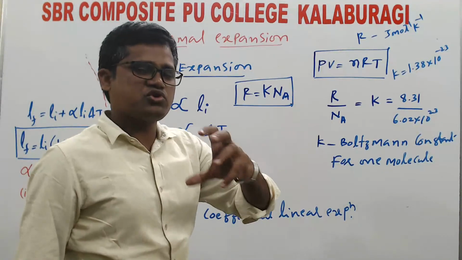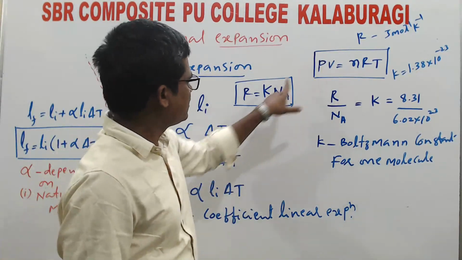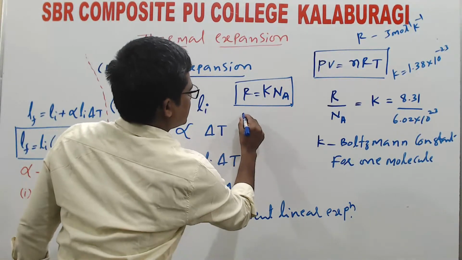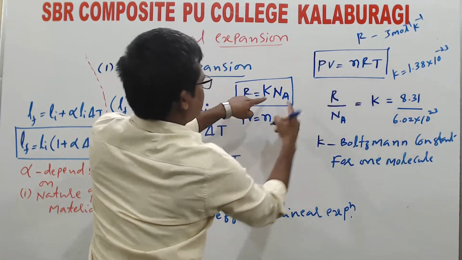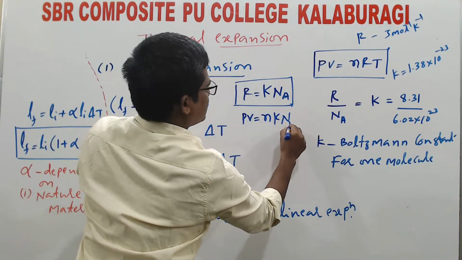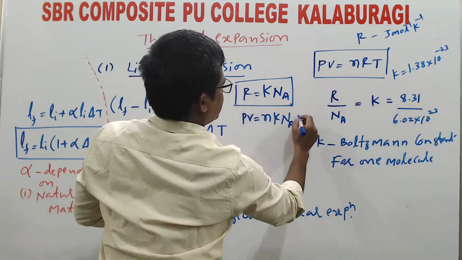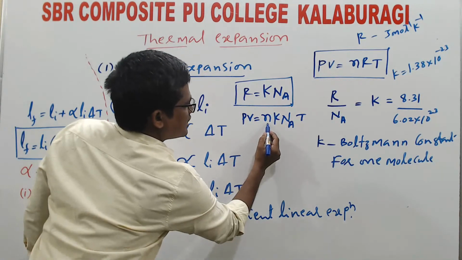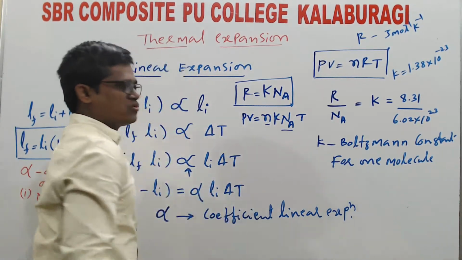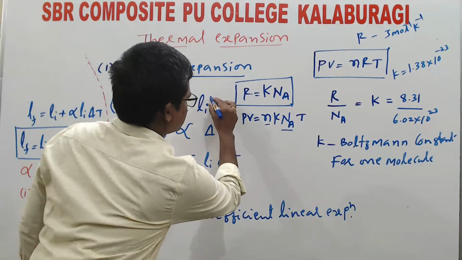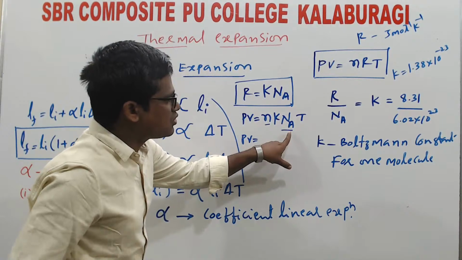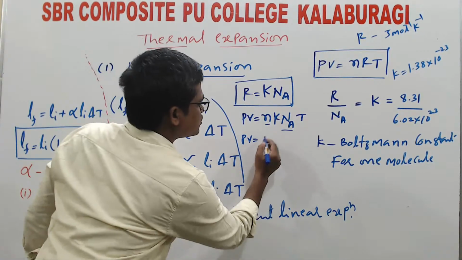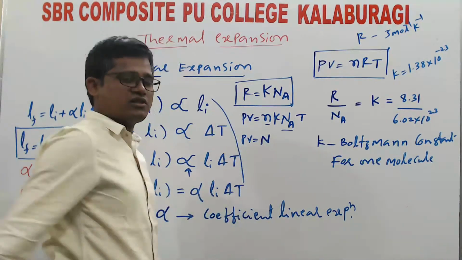In any problem, if they talk molecule-wise, then write this equation as PV equals n in place of R, K Na, and here is T. Then number of moles into Avogadro's number. What does this give? PV equals number of moles into Avogadro's number of molecules. This gives the total number of molecules present in the gas.